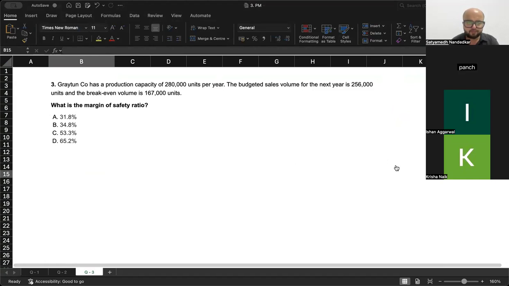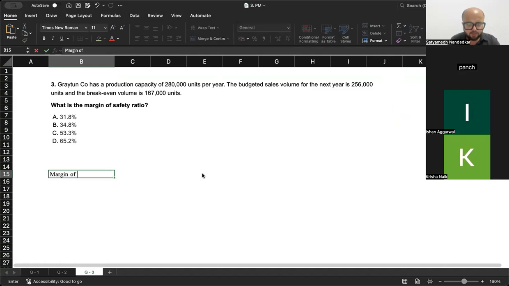Budgeted sales minus break-even sales divided by budgeted sales. Correct. Margin of safety ratio is budgeted sales minus break-even sales upon budgeted sales. Okay.